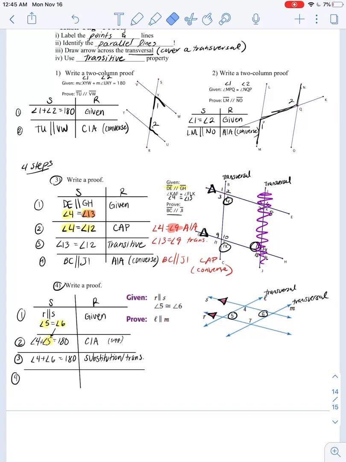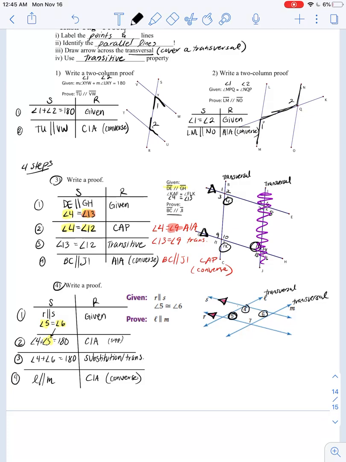So now that we've shown that angle 4 plus angle 6 is equal to 180, if we get rid of having crossed that off, now we can see 4 plus 6 is equal to 180. Therefore, if they add up to 180, that means that my consecutive interior angles are supplementary, and therefore I can use the converse to say that L and M must be parallel.